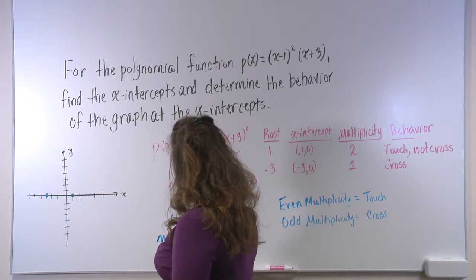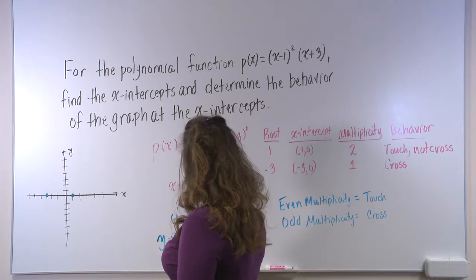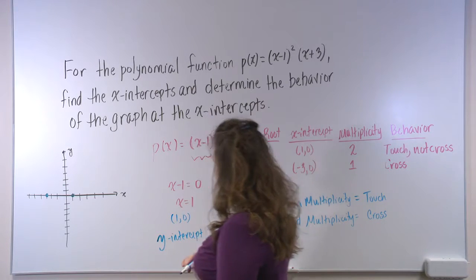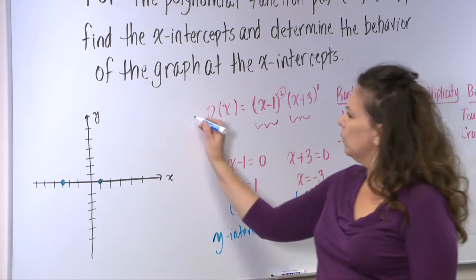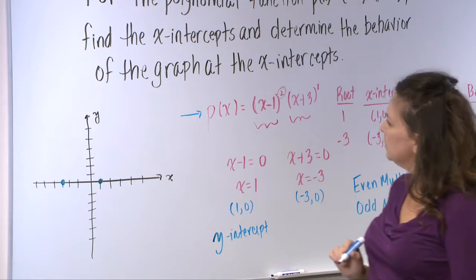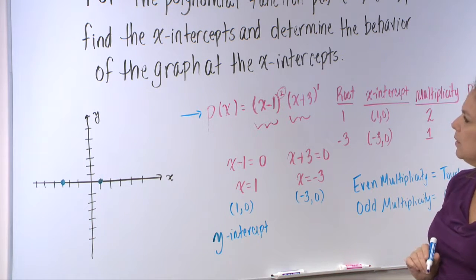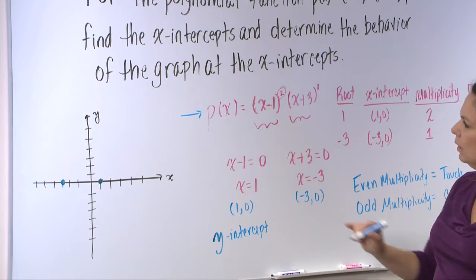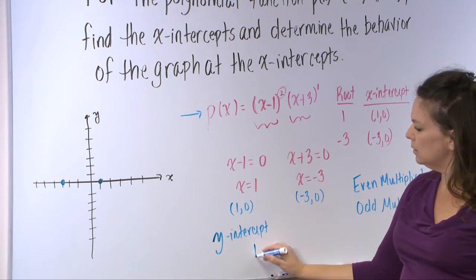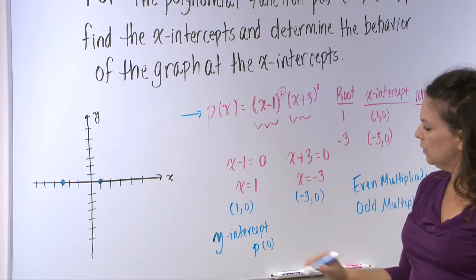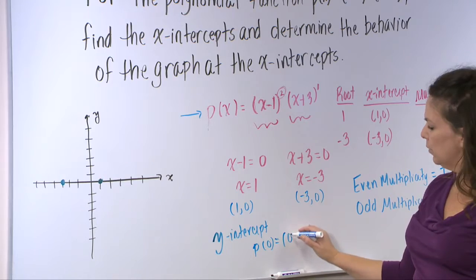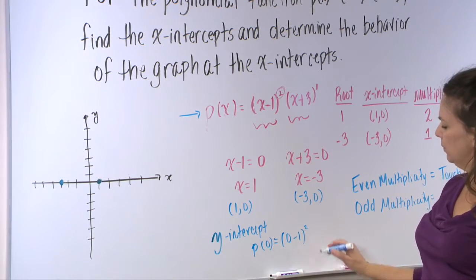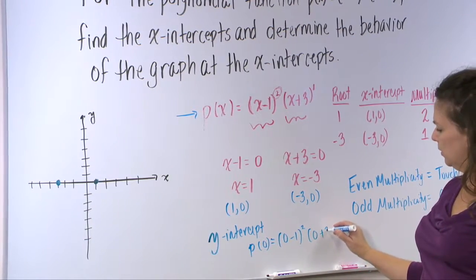So the y-intercept is when x is equal to 0. Here's our polynomial function. P of x is equal to x minus 1 squared times x plus 3. I'm going to go ahead and plug in 0 for x. So p of 0 is equal to 0 minus 1 squared, 0 plus 3.